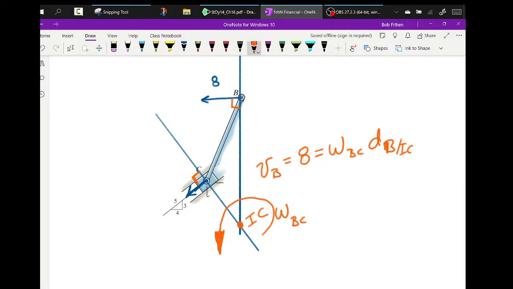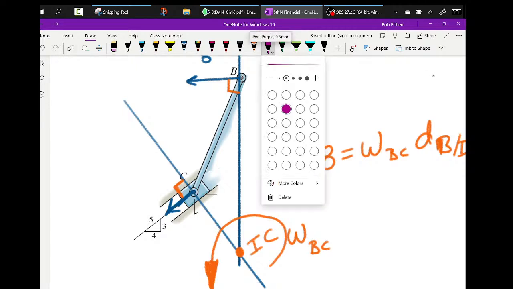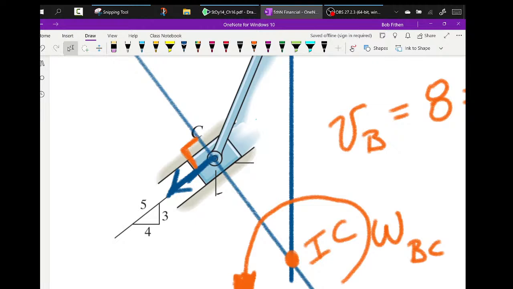So here we go. How do we deal with this geometry? I'm going to recognize a couple of things.